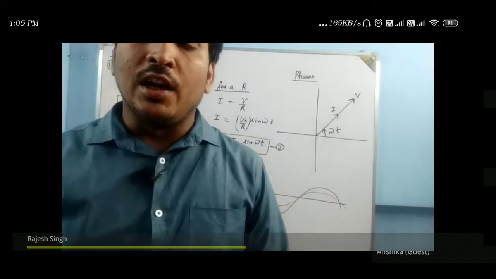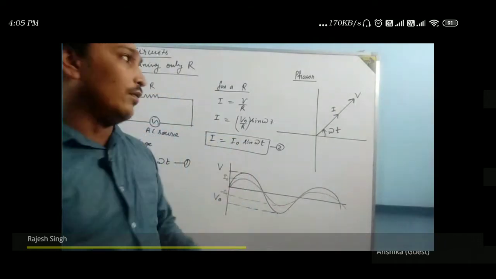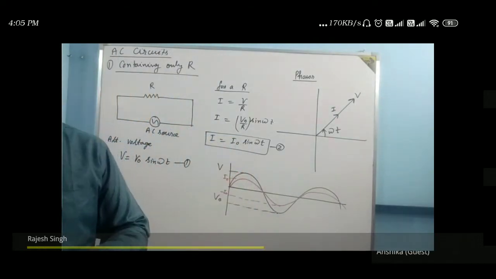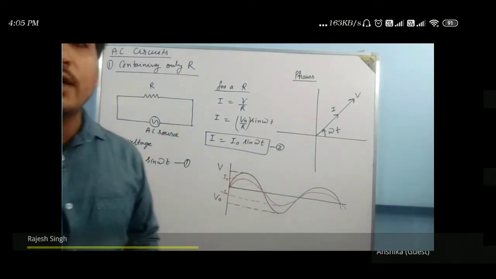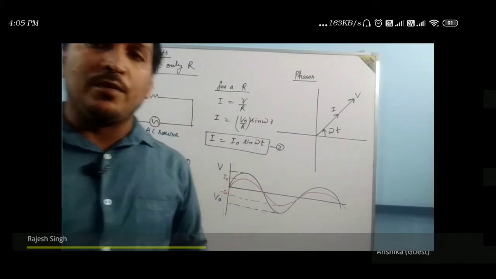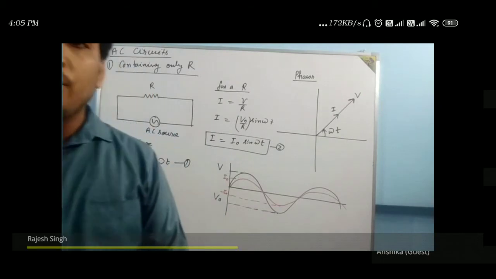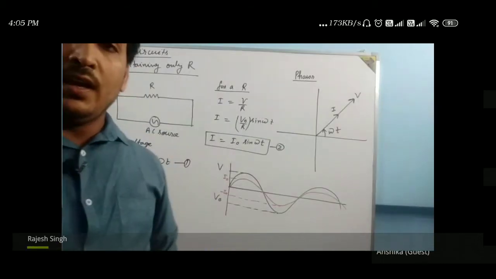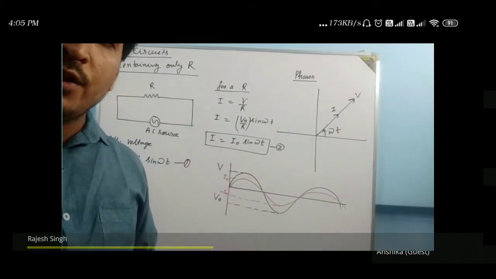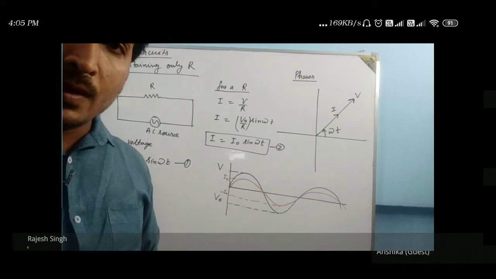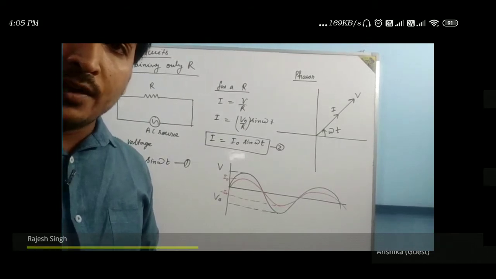Anurag, I have done only one circuit. Just wait for the other circuits. You will be able to understand there is a phase difference between voltage and current. Always it is not like that. Just wait for a few minutes more.